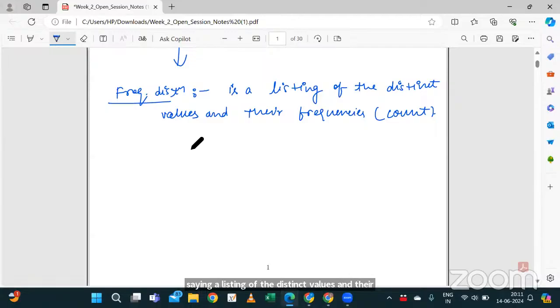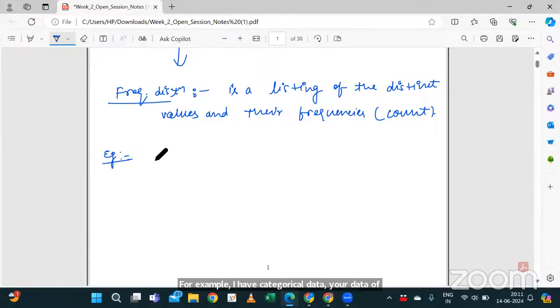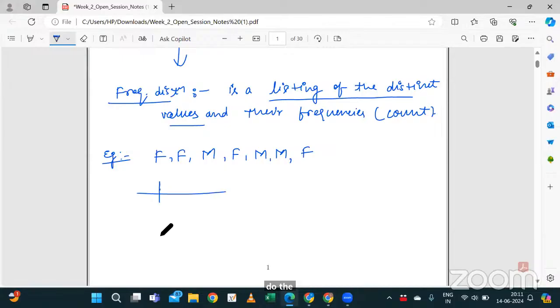For example, I have categorical data, data of gender: female, male, female, male, female. Suppose I have this data. What will be the frequency distribution of this? We have to do the listing of the distinct values. We have a total of 2 distinct values, female and male.